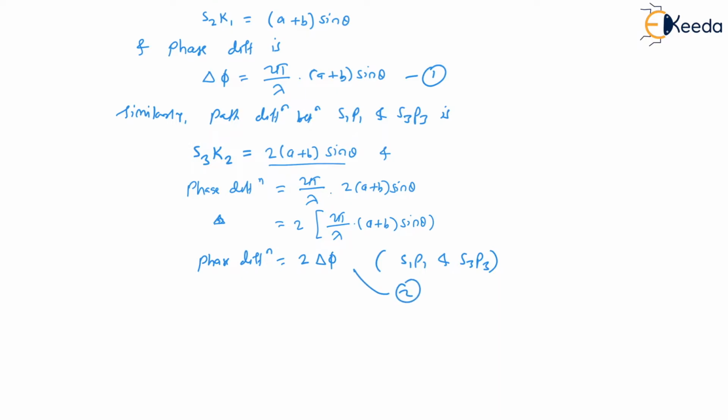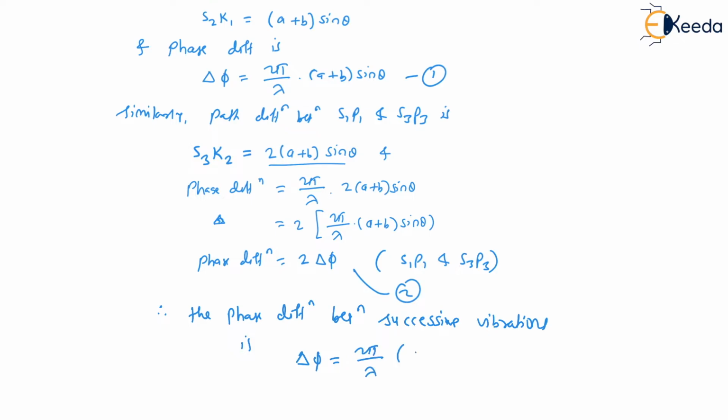Therefore, the phase difference between successive waves, or sometimes we can use the word successive vibrations, will be delta phi is equal to 2 pi by lambda into A plus B into sine theta.